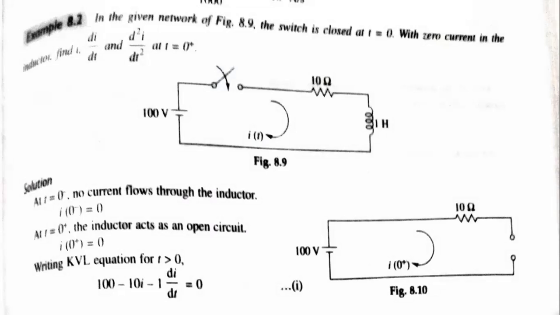With zero current in the inductor, find I, di by dt, and d square I by dt square at t is equal to 0 plus.